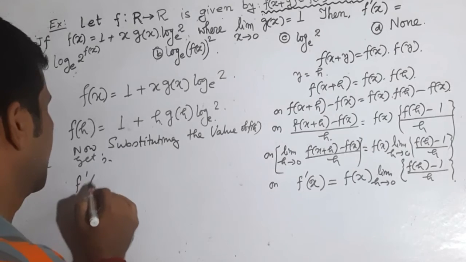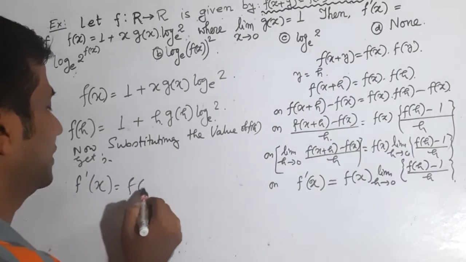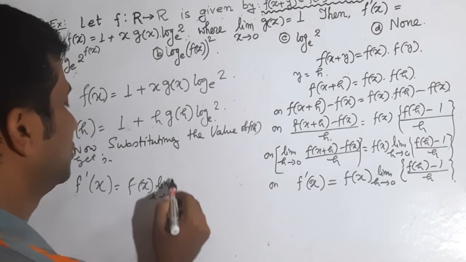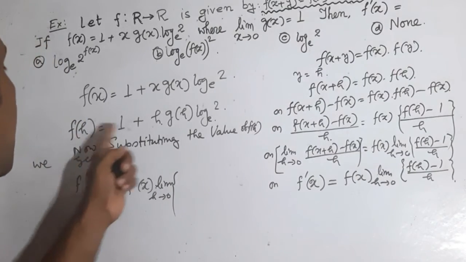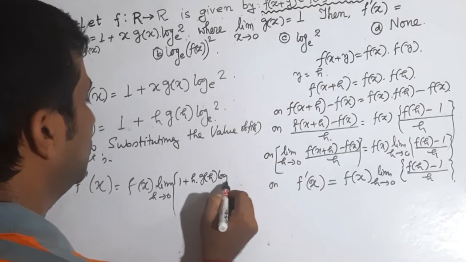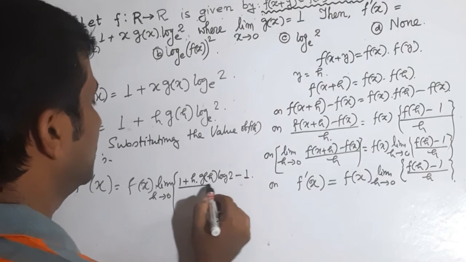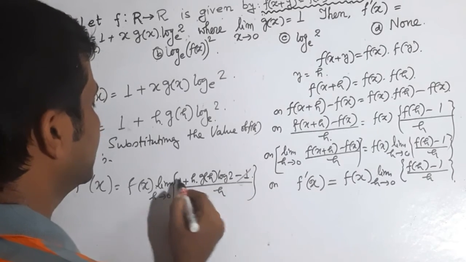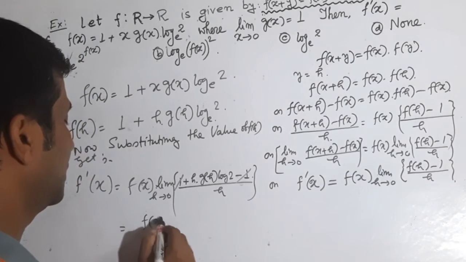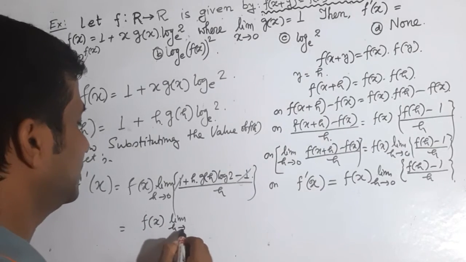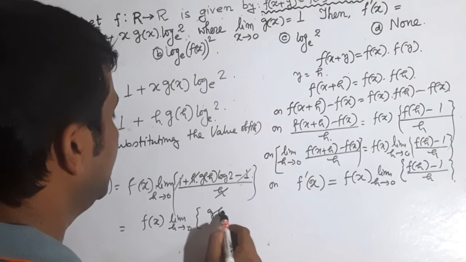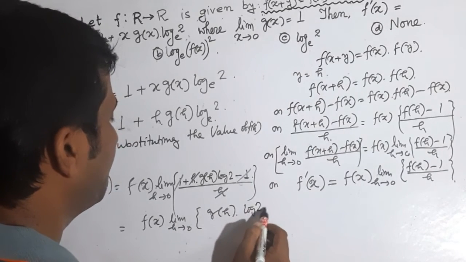f dash x is equal to f(x) into limit h tends to 0 of f of h, which means 1 plus h g of h log 2, minus 1, divided by h. Cancelling 1 on both sides, we get f(x) into limit h tends to 0; cancelling h, we get g(h) into log 2.